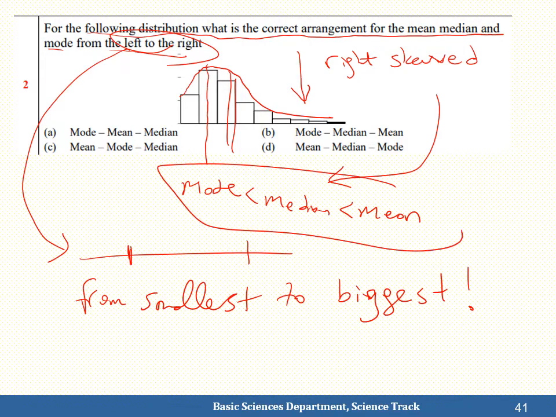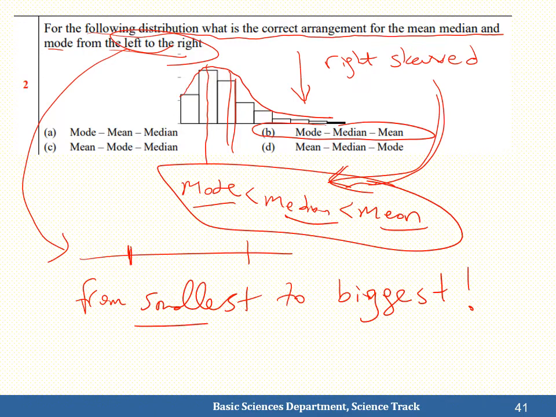So if it is right skewed, we have this ordering: mode, median, and mean, from smallest to biggest. The smallest one is the mode, and the biggest one is the mean.